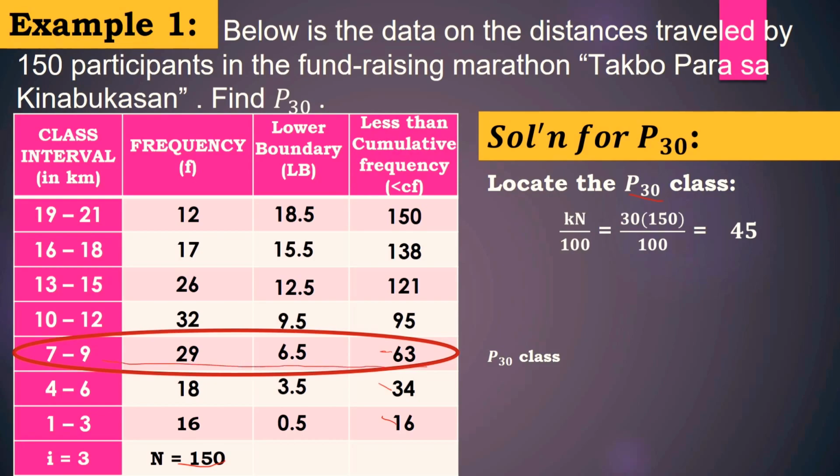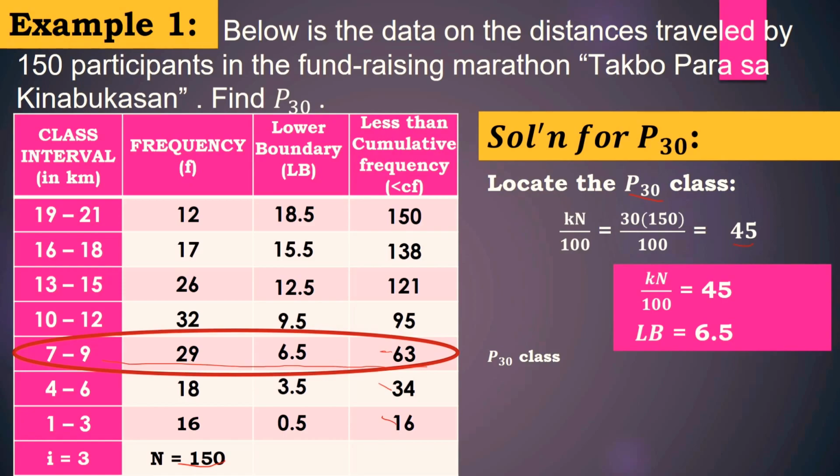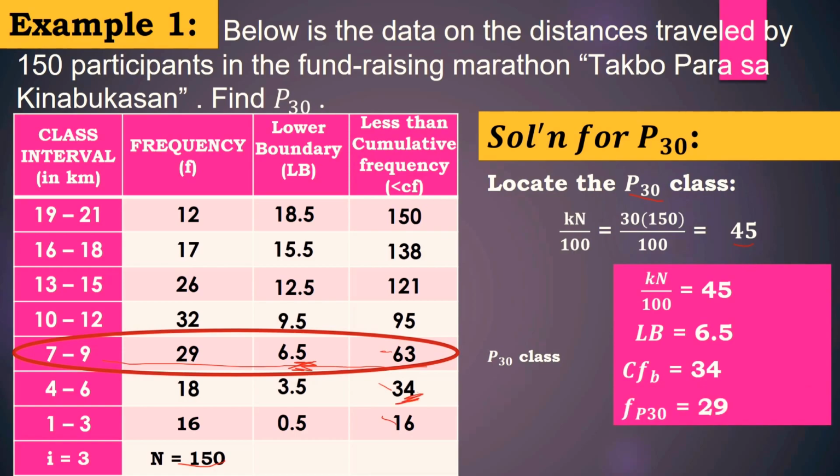And to identify the values, Kn over 100, that's 45. Lower boundary is 6.5. CF sub B, take note, that's the cumulative frequency before P sub 30 class. So, that's 34. And the frequency of the P sub 30 class is 29. And the size of the class interval is 3.